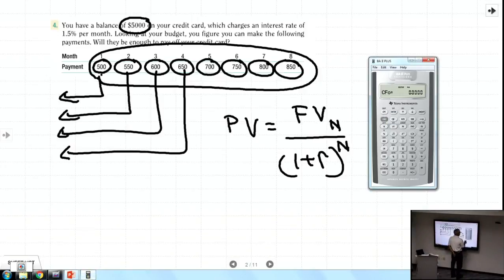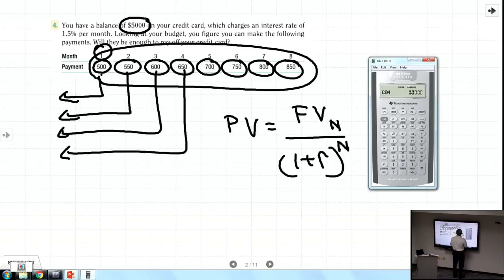I go back to my CF key and do a second clear work. Once I do it, you can see everything is cleared out, and I will re-enter my numbers. There's no CF0. My first cash flow is the year 1 cash flow. So that's C01, that's 500. Enter. C02, 550. Enter. C03, 600.